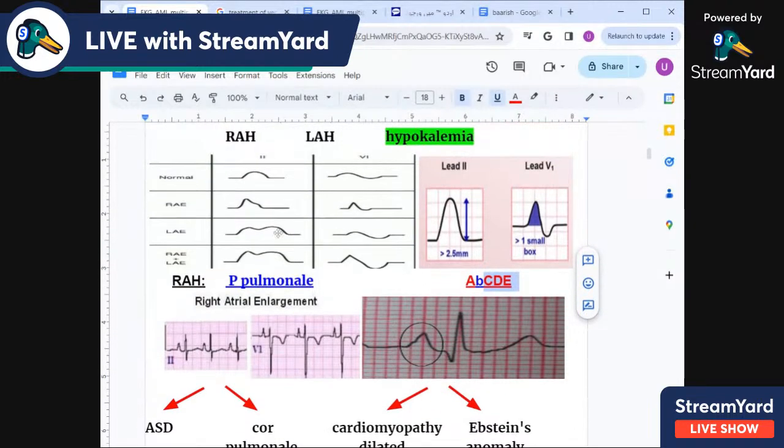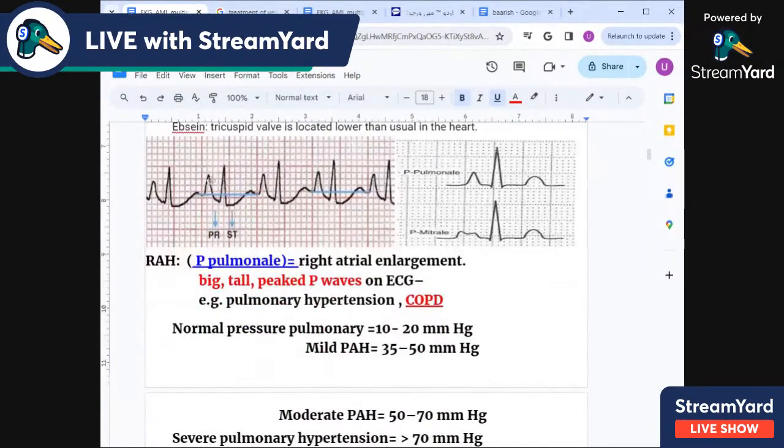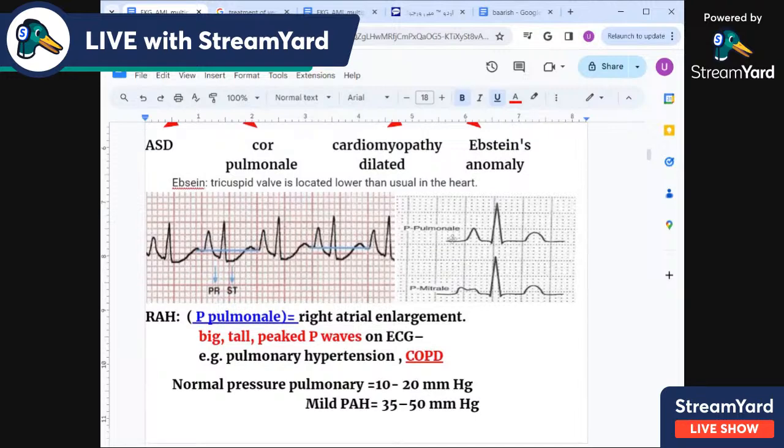So how is the EKG in right atrial hypertrophy? Like this one, tall peaked P wave. Let me show you this one, tall P wave. This is the EKG of right atrial hypertrophy. P wave is tall and peaked, whereas if you see left atrial hypertrophy, we have a biphasic P wave.